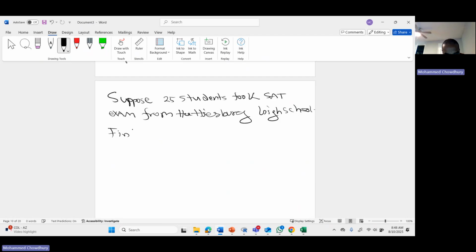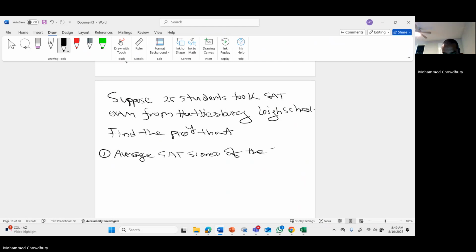Find the probability that, number one, the average SAT score of the 25 students exceeds 595.